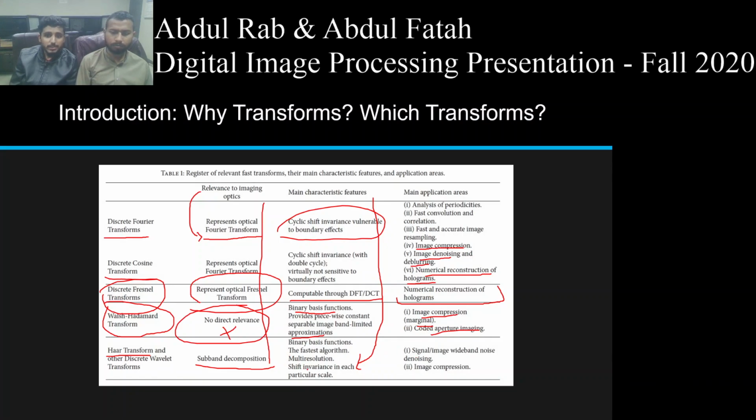Its application is that we can use the Haar transform and other wavelet transforms in signal and image wideband noise and denoising. It means we can use it to add noise or remove noise from the image, and even in image compression, which we discuss in further slides.